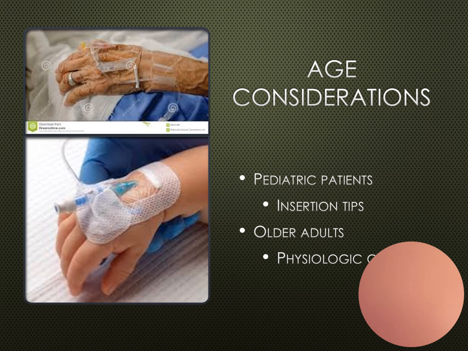In other words, if we have the IV site on the top of the forearm, we may see it on the bottom of the forearm. We need to monitor for infectious process, and monitor for the expected therapeutic response to administered medications.